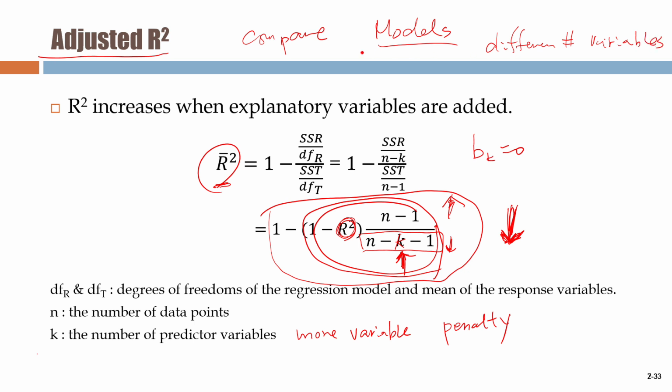For example, one model has 3 variables and the other model has 5 variables. They have different R squares. How can we tell which one is better? Adjusted R square can be the one measure to see which one is better.